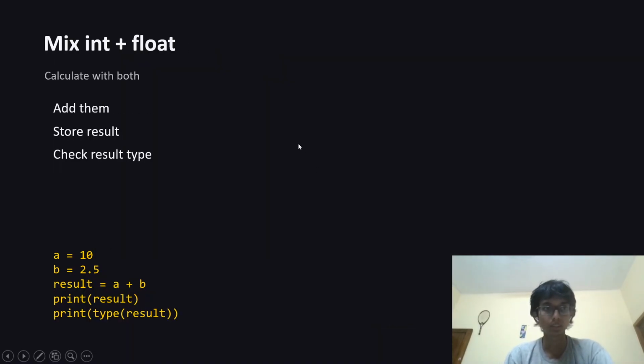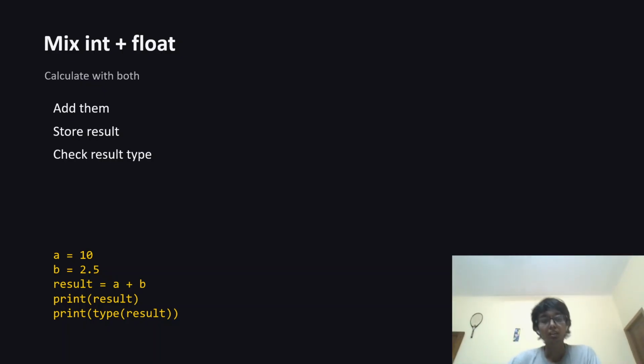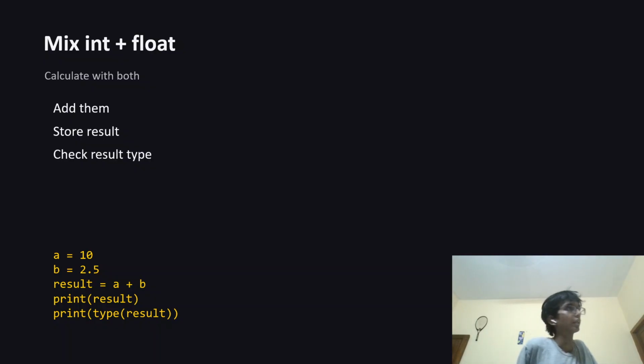Coming back, we have a mix of int plus float, so we can add them. We can calculate with both, because at the end of the day they are numbers. Even though one is an integer and one is a float, 10 plus 2.5, that's how it's being shown here.